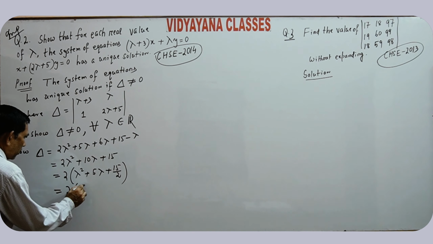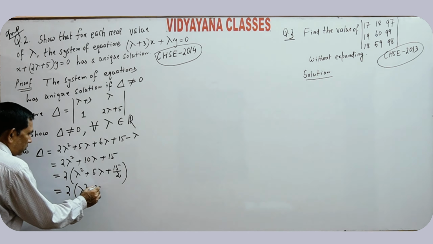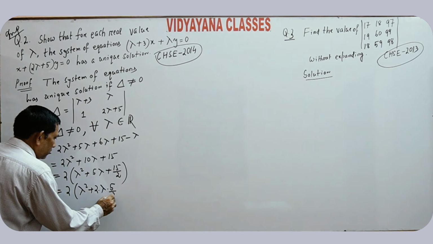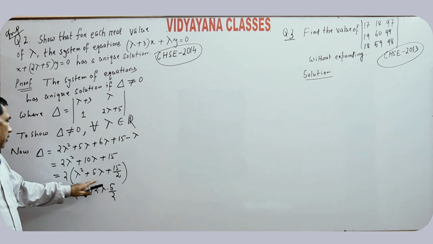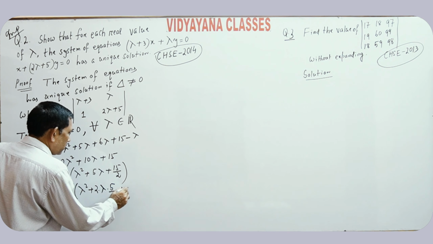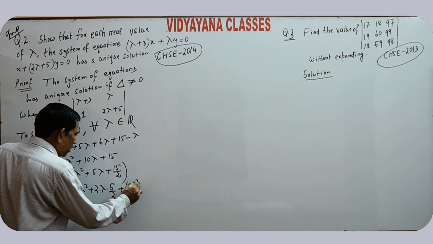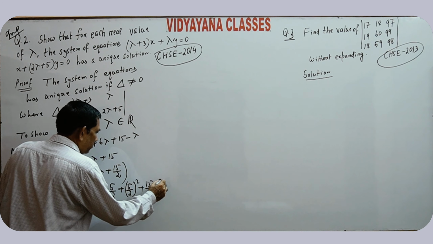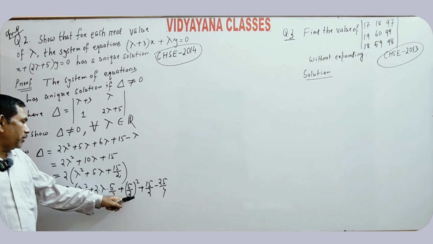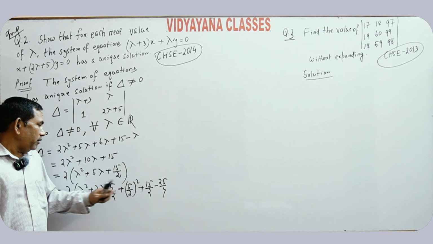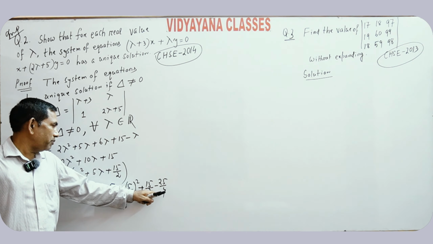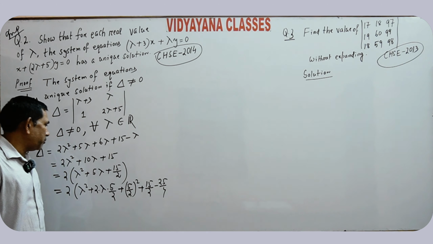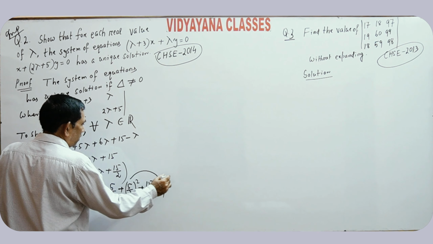2 into lambda square plus 2 lambda into 5 by 2. 2 cancel, that is lambda plus 5 by 2 whole square plus 15 by 2 minus 25 by 4. 5 by 2 whole square, that is 25 by 4.